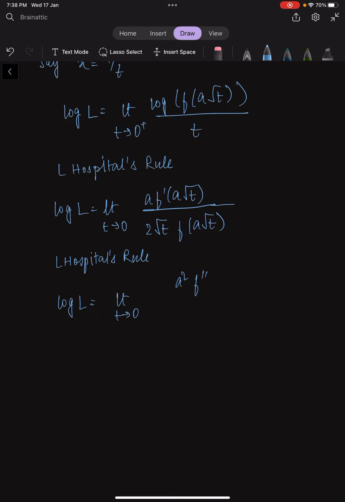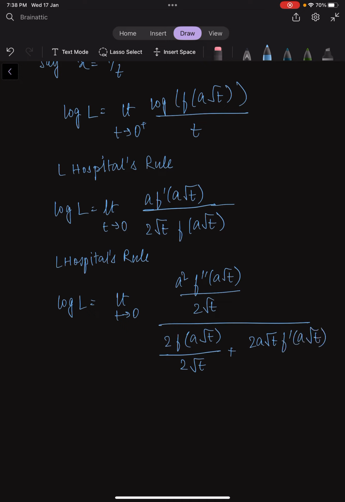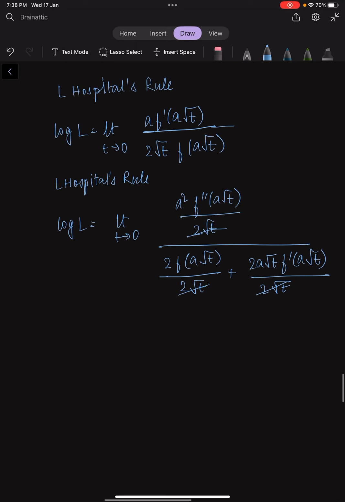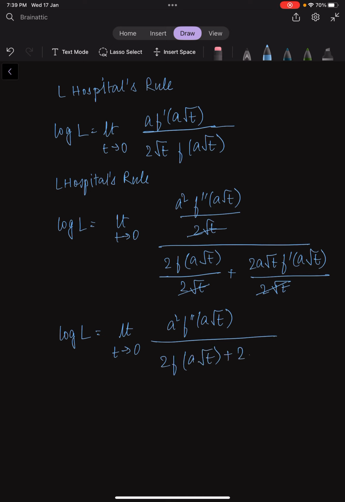Now when we apply L'Hospital's rule, we have log L is equal to limit t tends to 0 of a² f double dash of a√t by 2√t divided by 2 into a√t by 2√t plus 2a√t f dash of a√t by 2√t. Now this 2√t will cancel, and what we are left with is log L is equal to limit t tends to 0 of a² f double dash of a√t divided by 2f(a√t) plus 2a√t f dash of a√t.